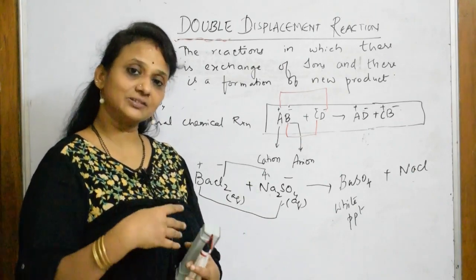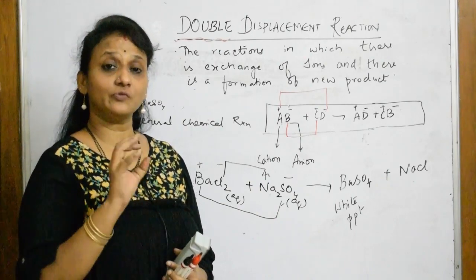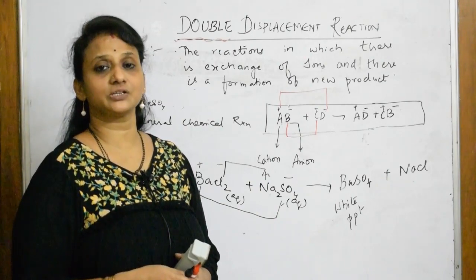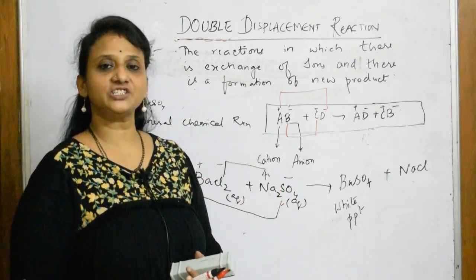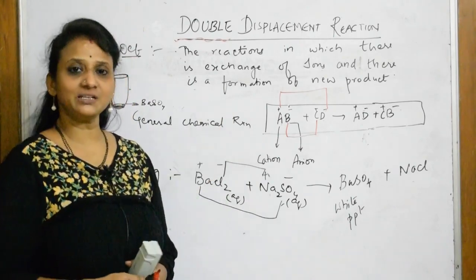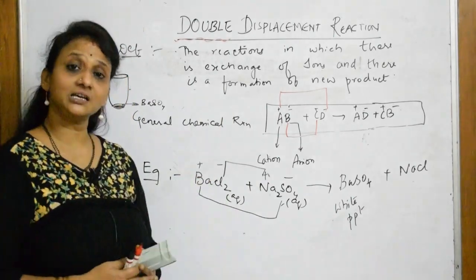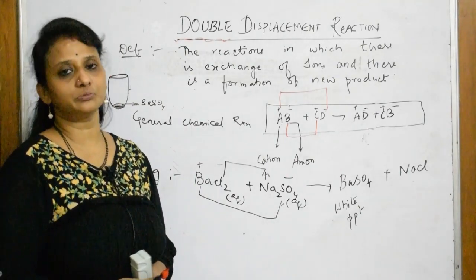There I have explained the characteristics of reactions, what forming a PPT means, when PPTs are formed in chemical reactions, when gases are evolved, when there is a change in temperature. Please watch that video. So here in double displacement, this is the thing. Now let us see some more examples for double displacement reactions and how to form the product.